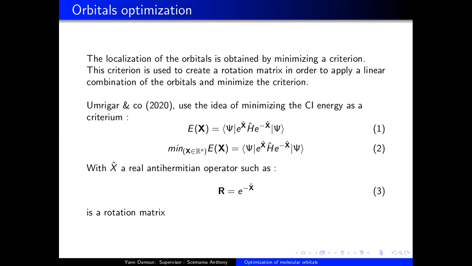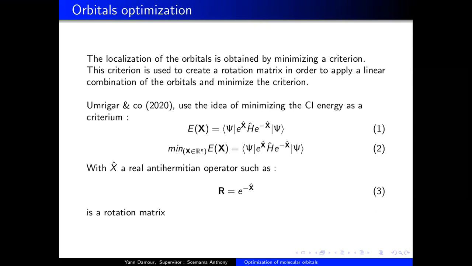But more generally, we can use whatever criterion we want. So Mulligan and coworkers in 2020 used the idea of minimizing the CI energy as a criterion.